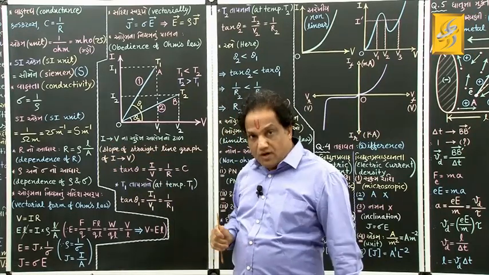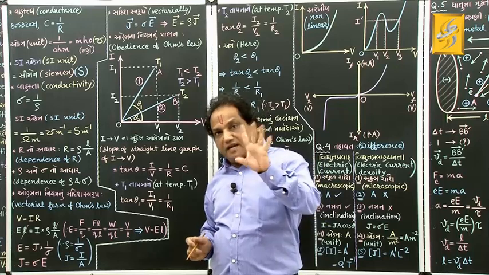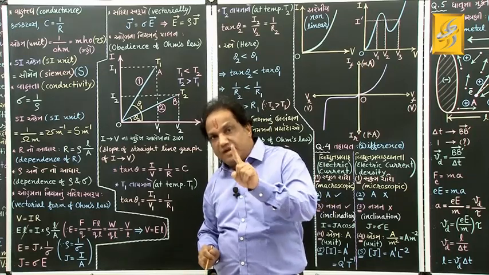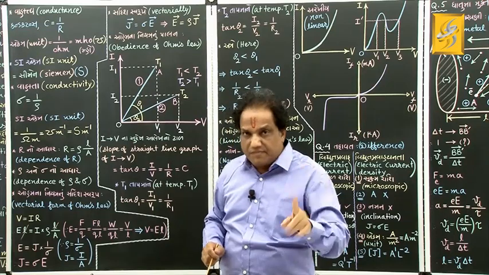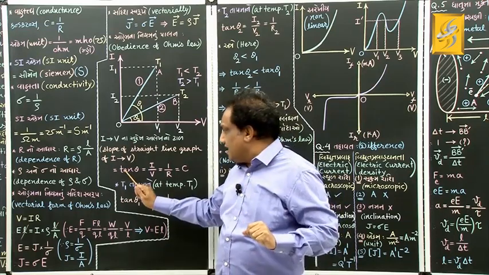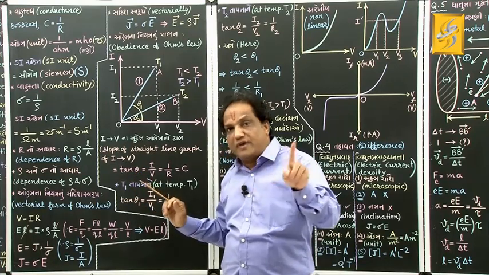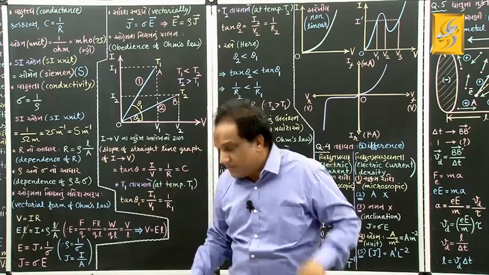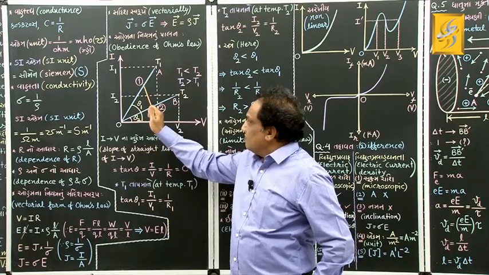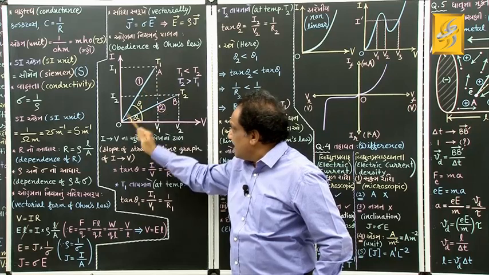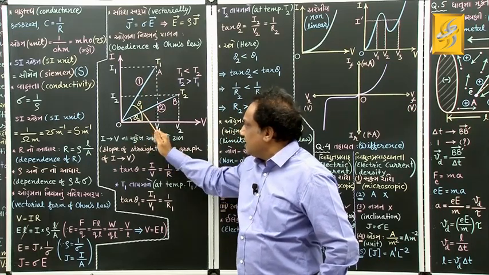Come on now, let us find out the slope of this straight line graph. For any straight line graph, remember its slope is constant and it is just equal to tan theta, where theta is angle made by that straight line with positive x-axis. For example, here for this first graph, the angle made by this straight line with this positive x-axis is theta 1.